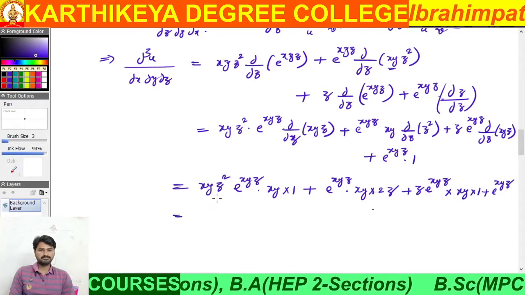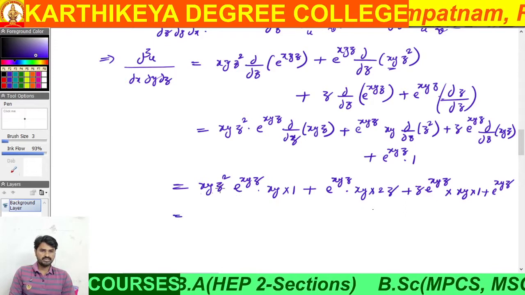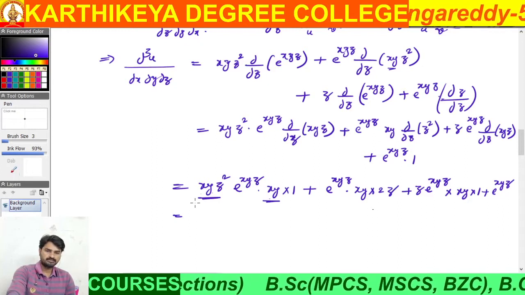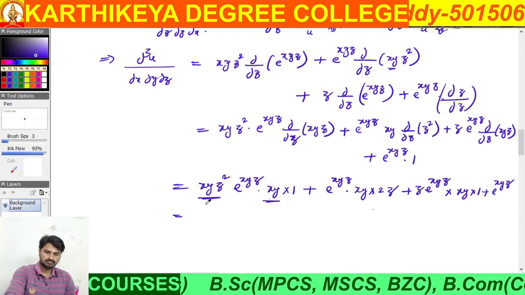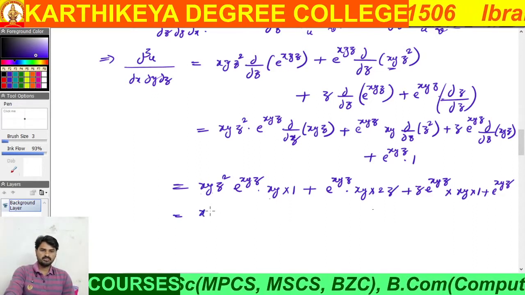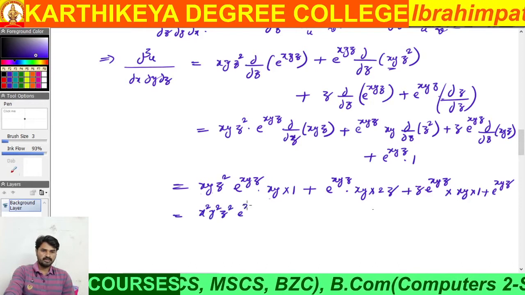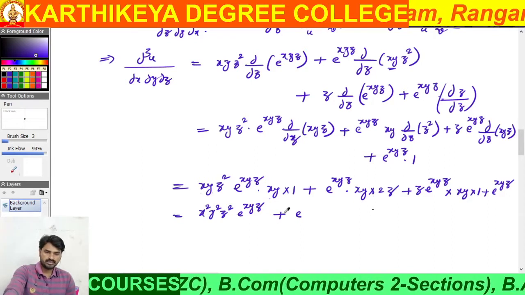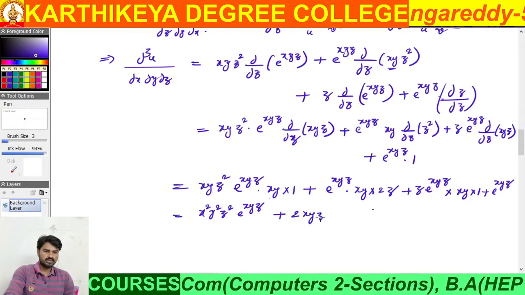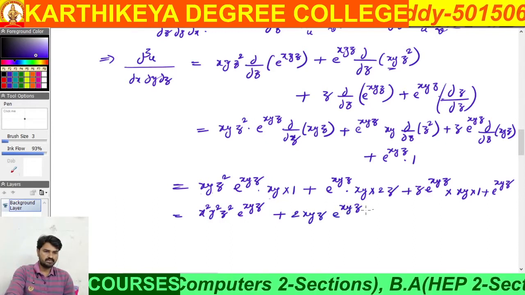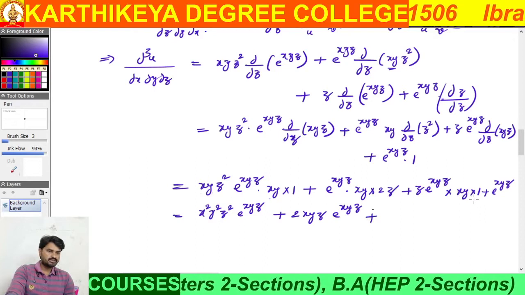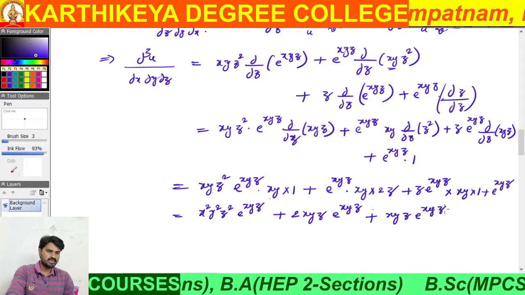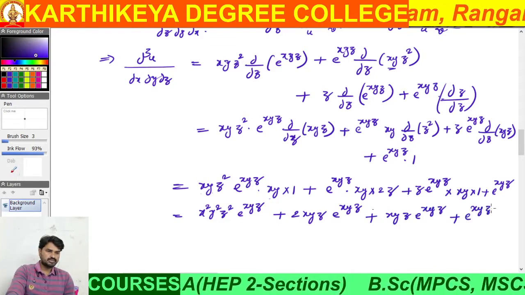Now simplifying: x y z² into xy gives x²y²z² e^(xyz), plus 2xyz e^(xyz), plus z e^(xyz) into xy gives xyz e^(xyz), plus e^(xyz).